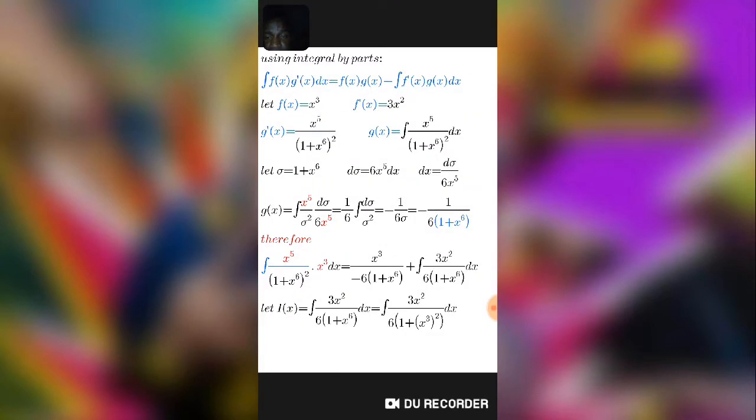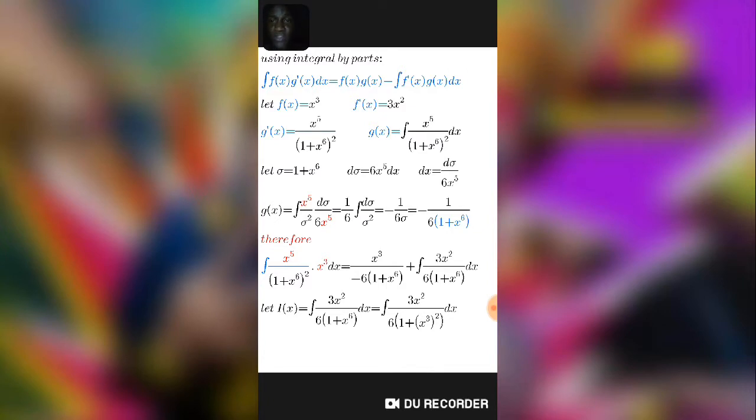Now we have the integral of x raised to the power 5 over (1 plus x raised to the power 6) all squared, times x raised to the power 3 dx, is equal to, of course, just substituting the values of f(x), g'(x), g(x), and f'(x) from the integration by parts. We are just replacing those values with what we have here.